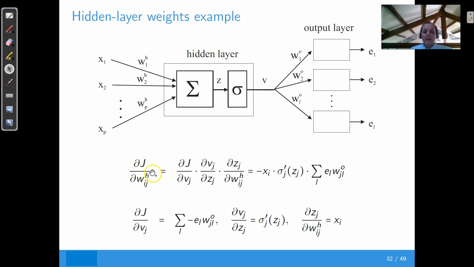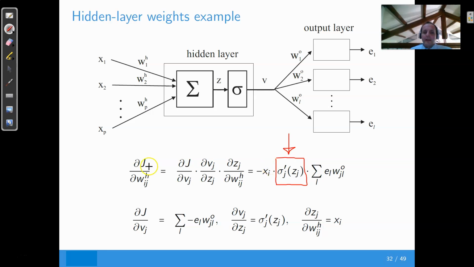So for computing the derivative of the cost function with respect to the weights of the hidden layer, the previous layer, we need to perform this computation. Another important result is that the derivative of the cost function depends on the derivative of the activation function.